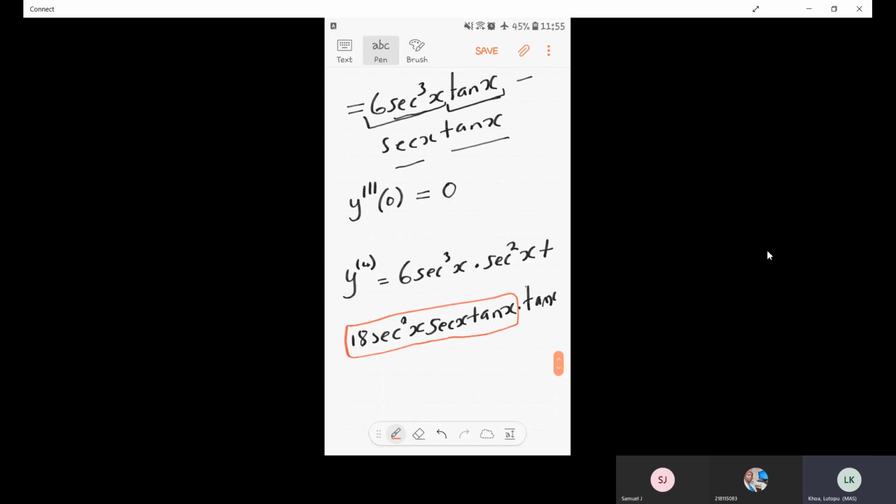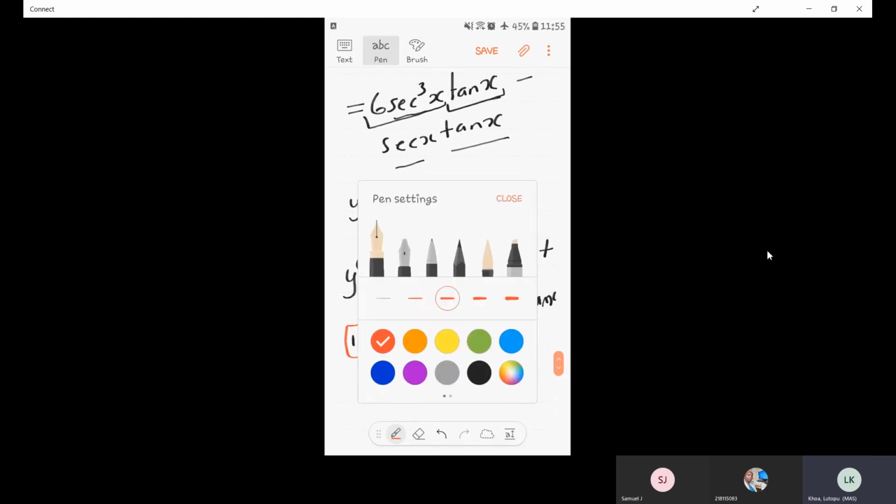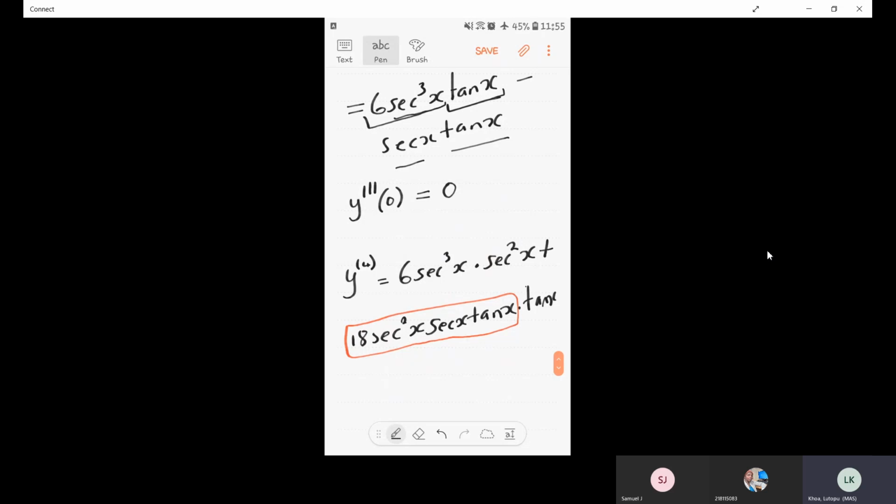Then I have to differentiate the second one, also using the product rule. So now I'm differentiating this over here. Notice it is minus, so everything will be negative. So I have negative sec x, which will remain as it is, and then I multiply by the derivative of tan x, which is sec squared x.